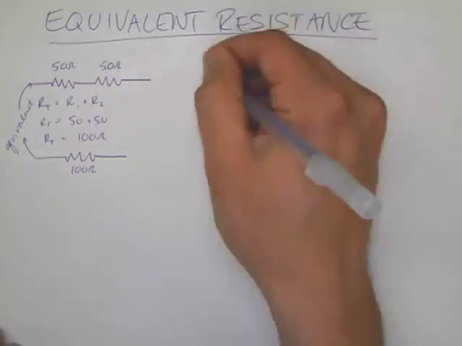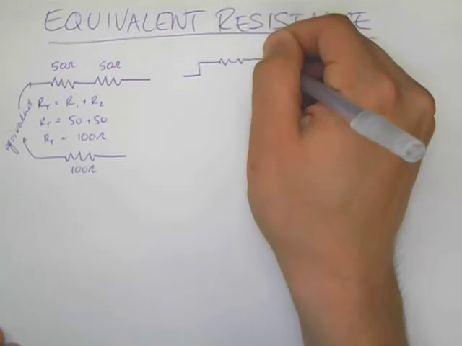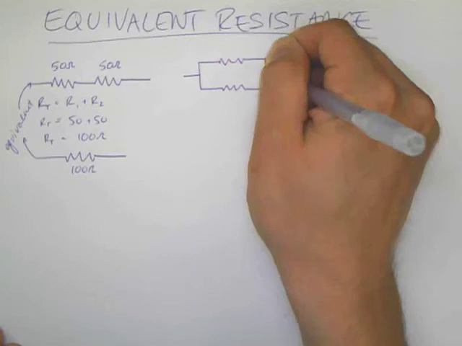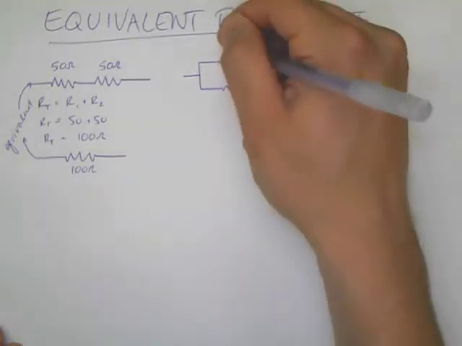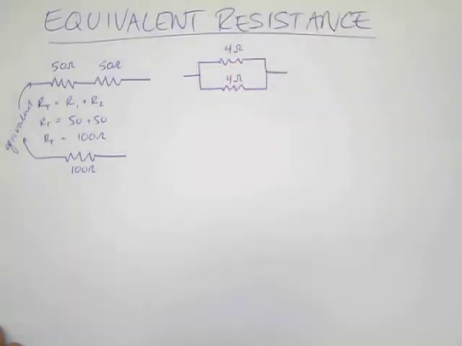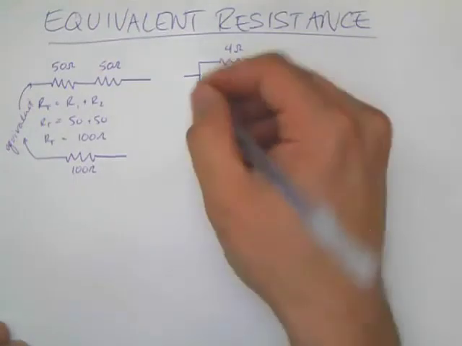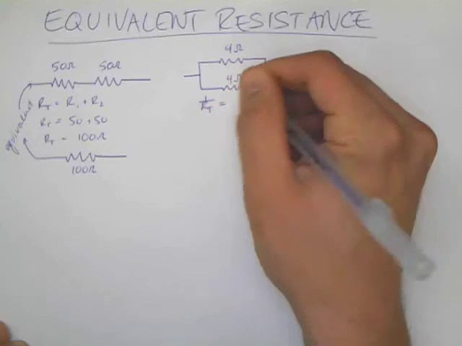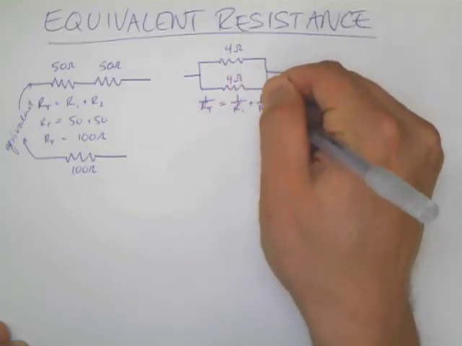Another way we could look at this is with parallel connections. If I had two resistors in parallel, let's just say they had a resistance of 4 ohms each, and I said, what's the effect of these two in parallel, or what's their total resistance? We would say, well, using the parallel rule, 1 over RT is equal to 1 over R1 plus 1 over R2.